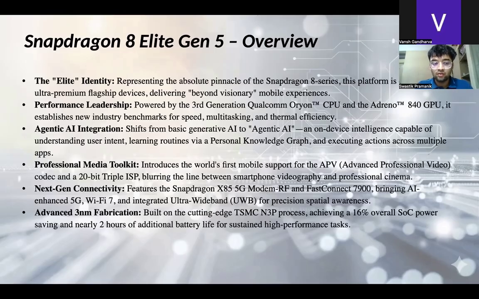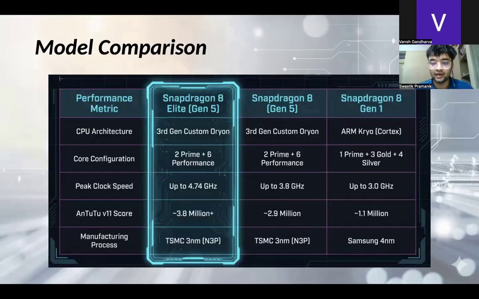Finally, coming to the fabrication part, earlier the Snapdragon 8 version was 4 nm, fabricated by Samsung, but now the Snapdragon 8 Elite Gen 5 is fabricated by TSMC, which is a 3 nm fabrication, earlier 4 nm. And it also achieves an overall 16% SoC power saving as well as nearly 2 hours of additional battery life. Now moving on to the next slide.